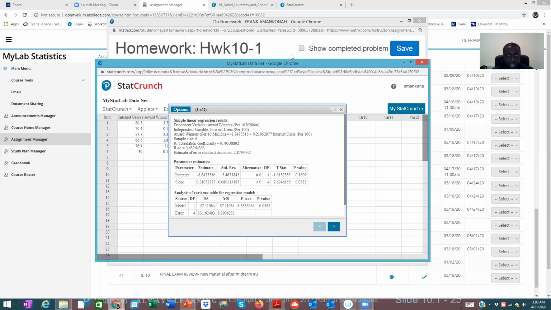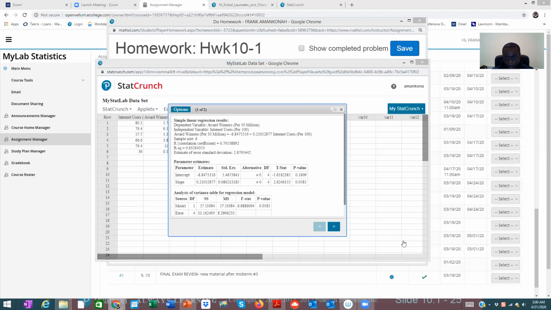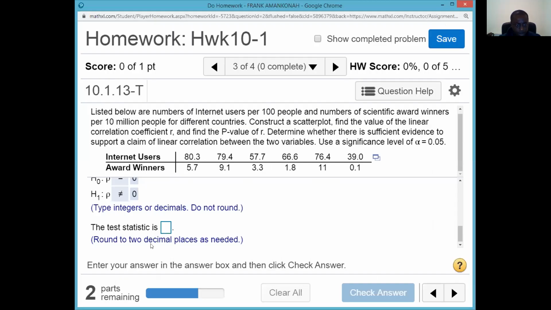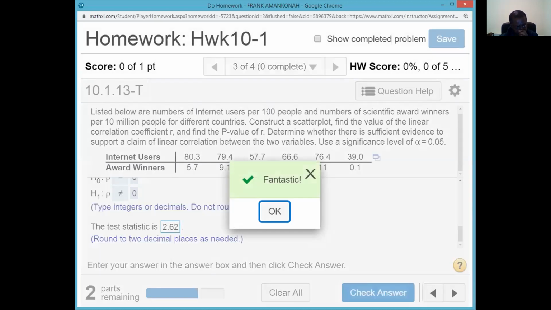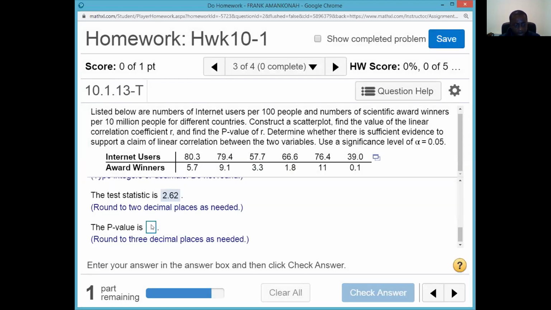So let's go and enter that, to 2 decimal places. What's the p-value?